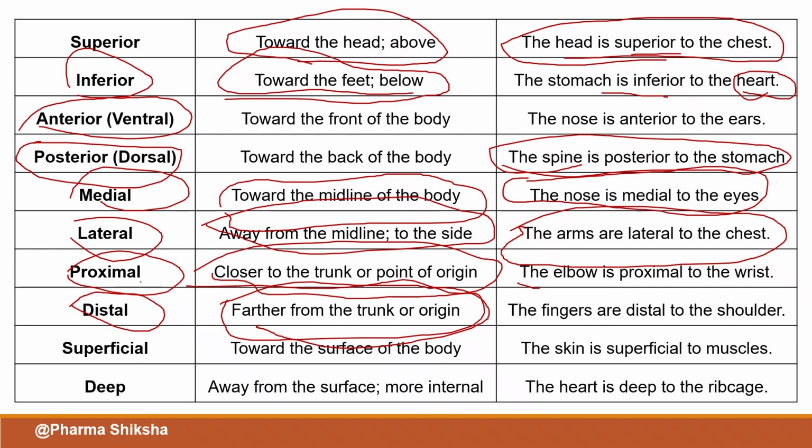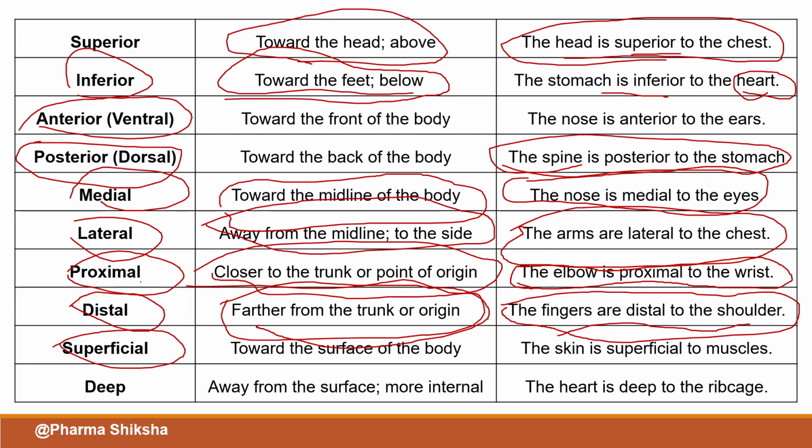Here you can see the example: the elbow is proximal to the wrist, so it is nearer. And the fingers are distal to the shoulder. From the shoulder, the fingers are far. So that is why it is distal.